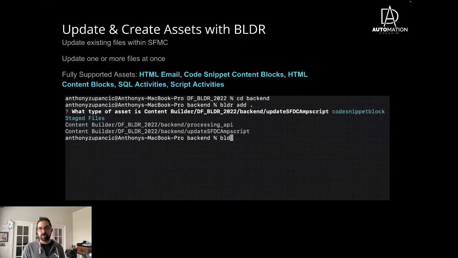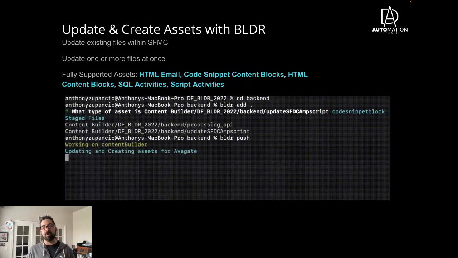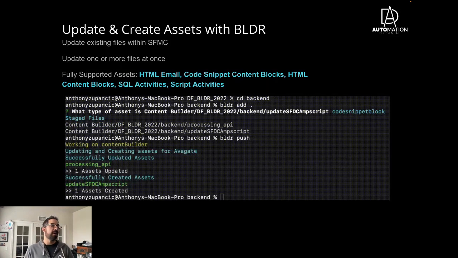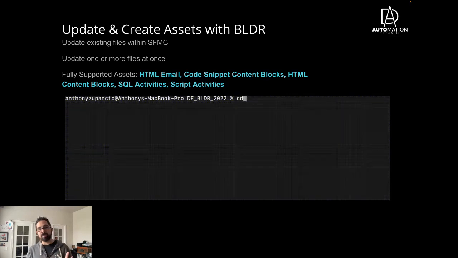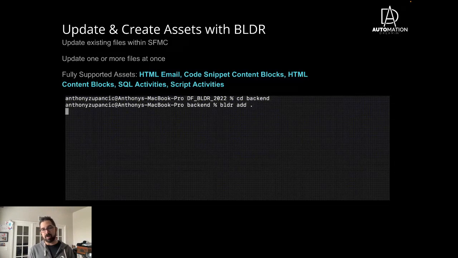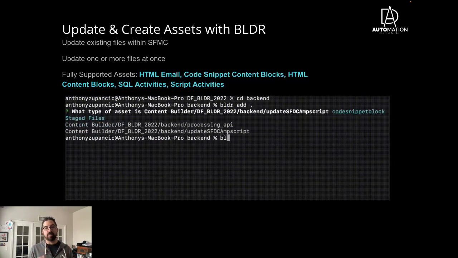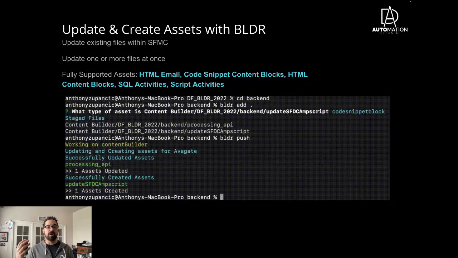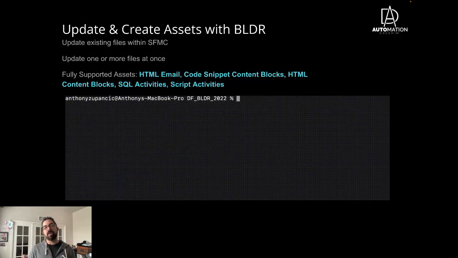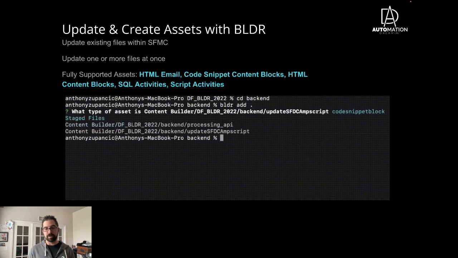With Builder, there are a couple of different designations between how assets come down and what you're able to do with them. On the screen, you'll see a list of fully supported assets. These are files that come down as fully text editable files. If you are writing an HTML email and you have that as a local text file, it's going to come down from Marketing Cloud the same way you would write it locally.